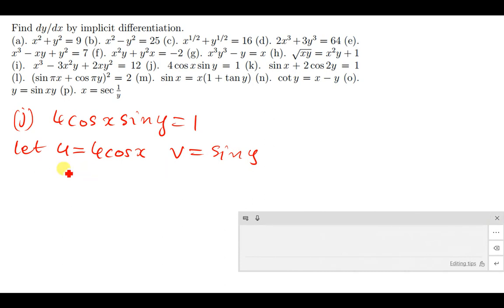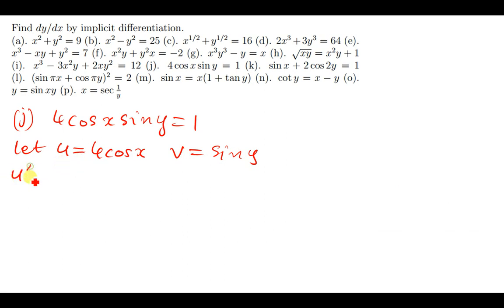Okay, so differentiating u, or finding u prime, we differentiate u with respect to x. When you differentiate cos, you always have negative sine x, but because there is a constant outside there, it always has to remain. The 4 is outside, so we always have to leave that 4.